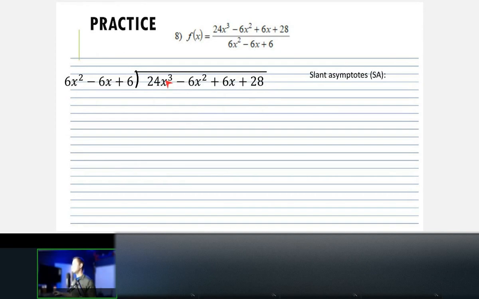So I'm going to quickly go through this and figure out what the answer is. I think we're all in agreement that 4x. Okay, my pen wasn't working. I think I ran out of ink. All right, 4x. So we do 4x times 6x squared is 24x cubed. 4x times negative 6x is negative 24x squared.